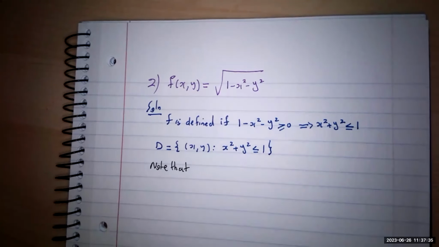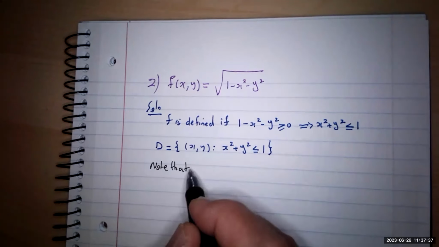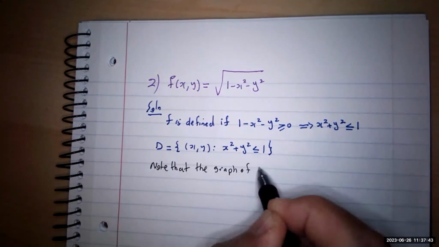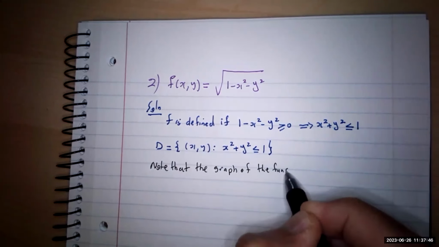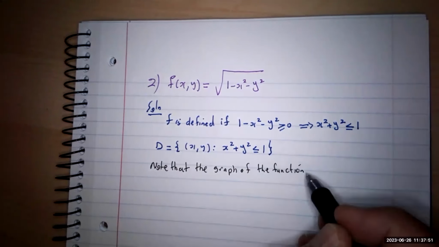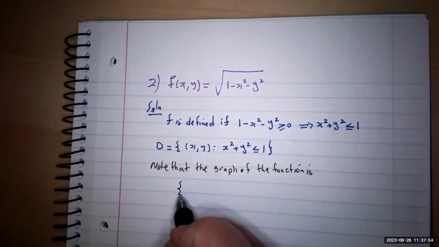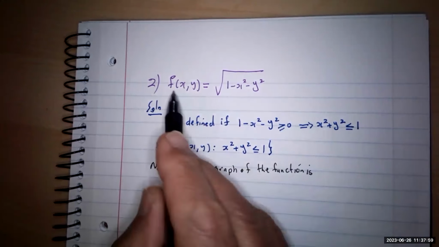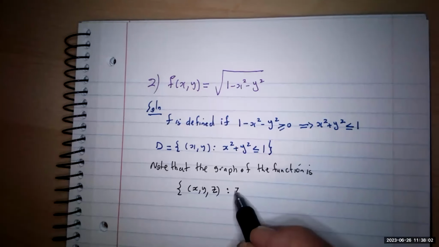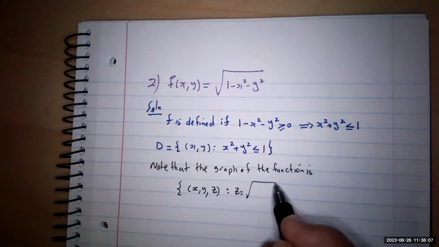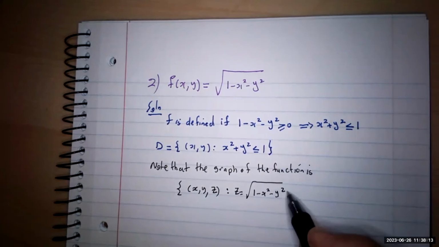Note that the graph of the function is the collection of points x, comma y, comma z, such that z is equal to what? z equals f of x, y, which is z equals the square root of 1 minus x squared minus y squared.